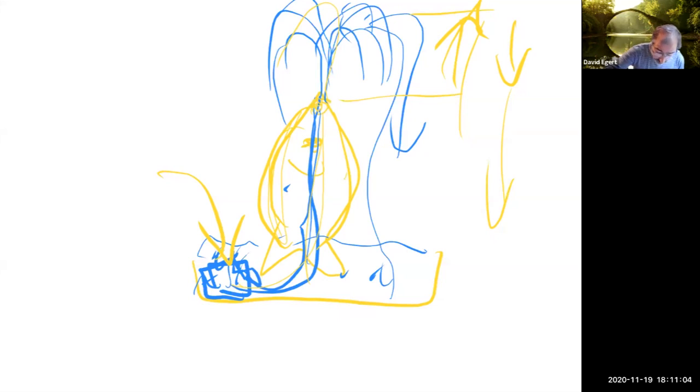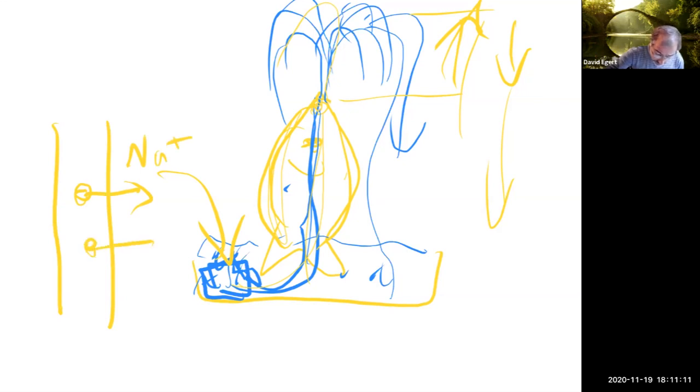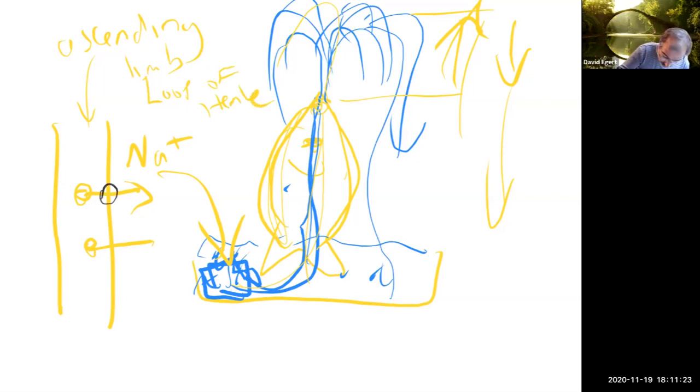When I'm pumping sodium out of the ascending limb of the loop of Henle, I'm using ATP to drive this. This is active pumping using ATP.